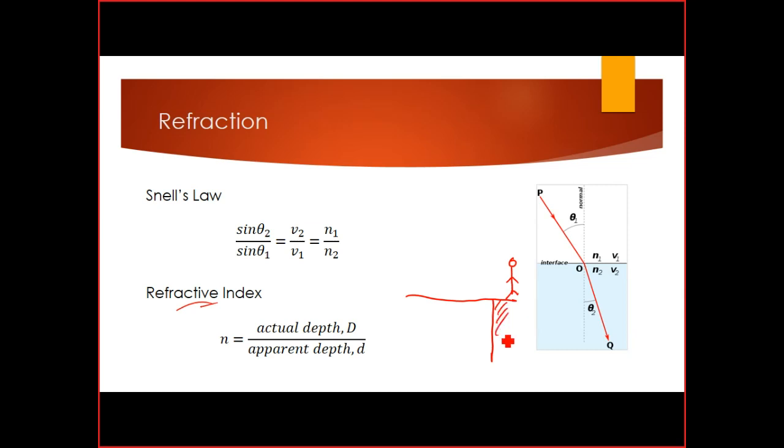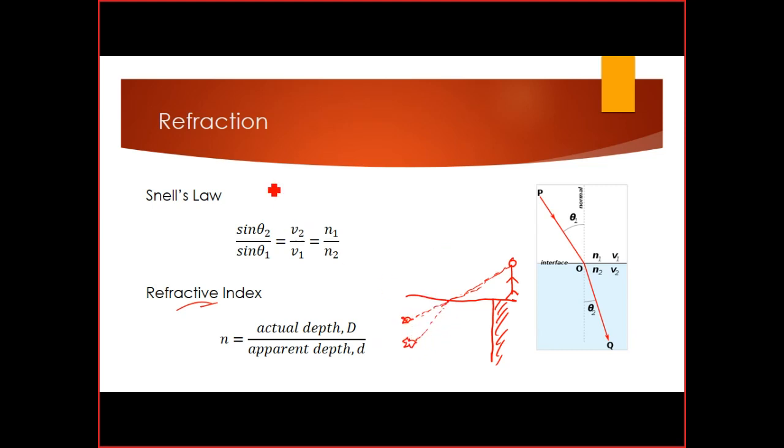This is a pool, and you see a fish over here. You see the fish like this. This is your view. You can see the fish is over here, but the fish is actually not here. The fish is actually down here.